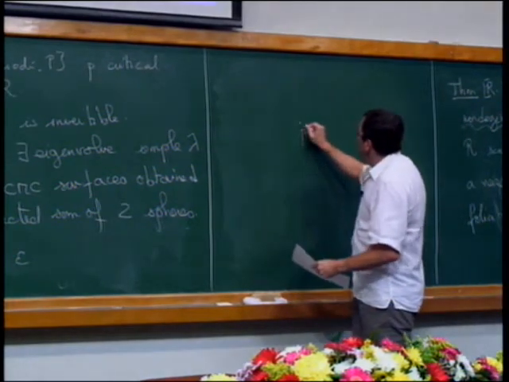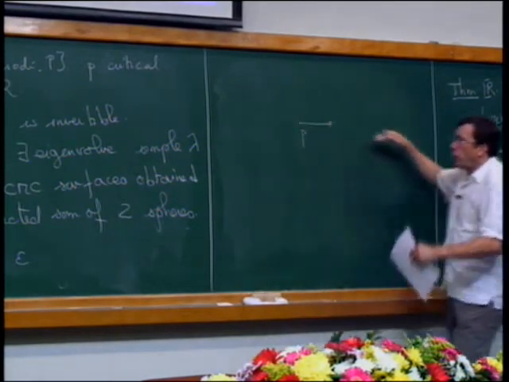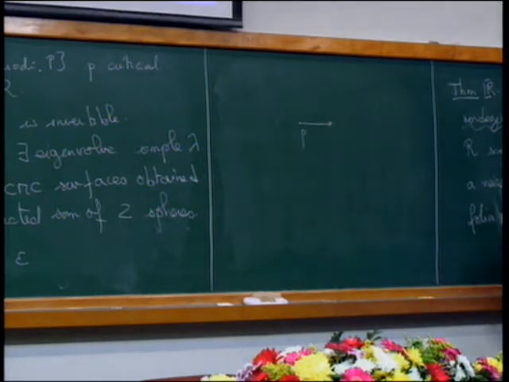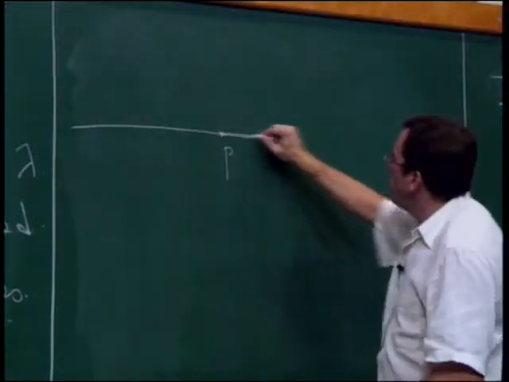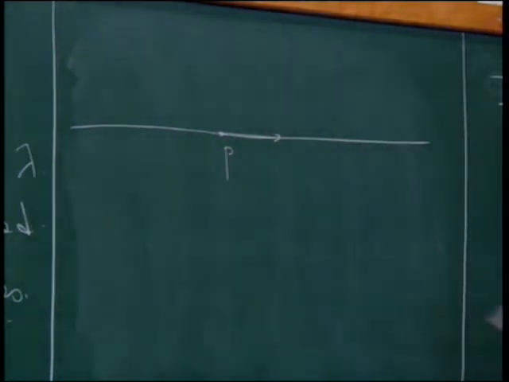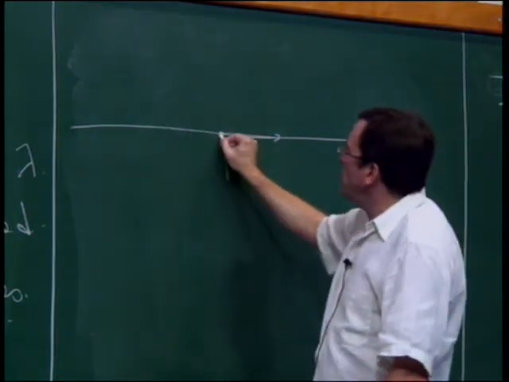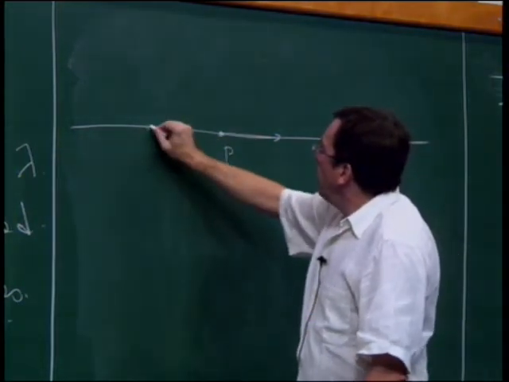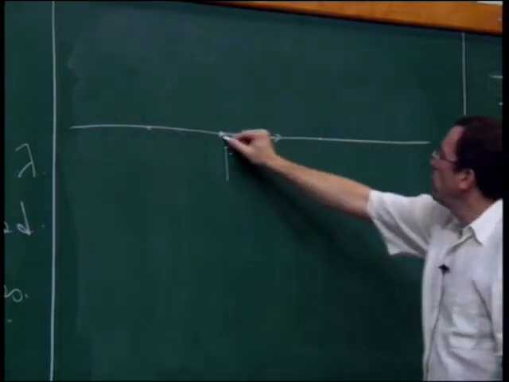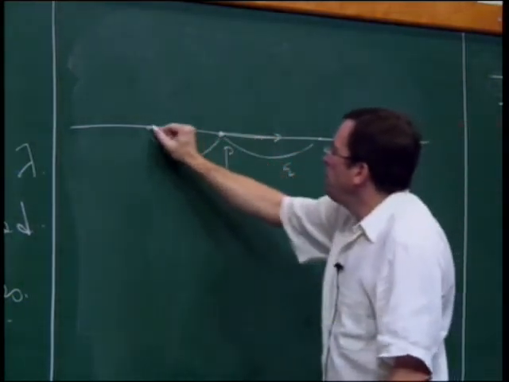You have the point P, and the eigenvector associated to the eigenvalue lambda. This defines a geodesic passing through P and having this vector as speed at the point P. Then you go at distance epsilon here, and at distance epsilon here.